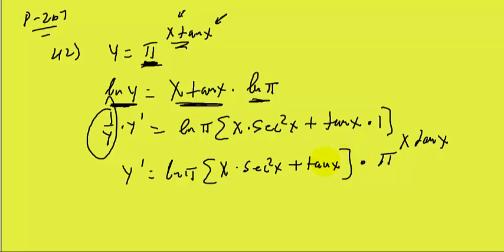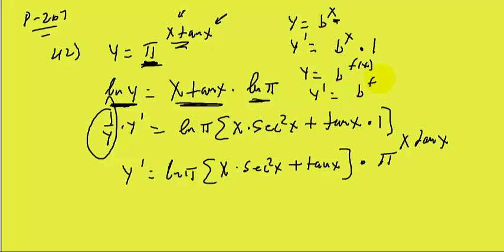Okay. So basically, if you want another rule, let's say y is equal to b to the x. Y prime is b to the x times the derivative of the x, which is 1. Or there's my b to the x. Let's say we have another function, y is equal to b to the f of x. Then y prime would be b to the f of x times f prime. That's exactly what we did here.